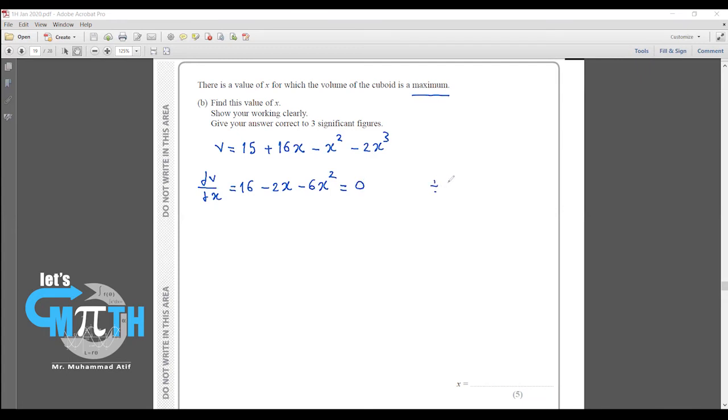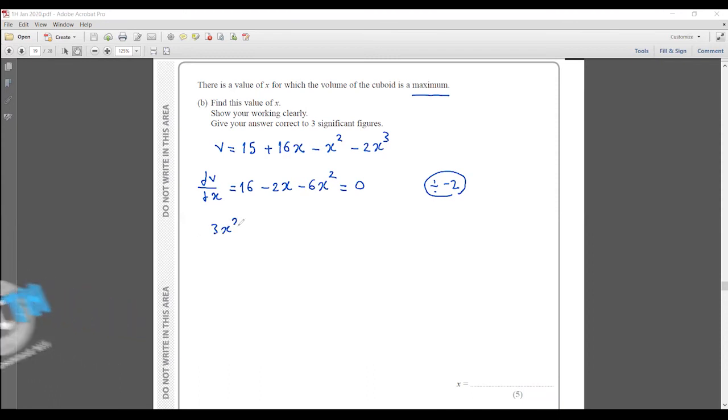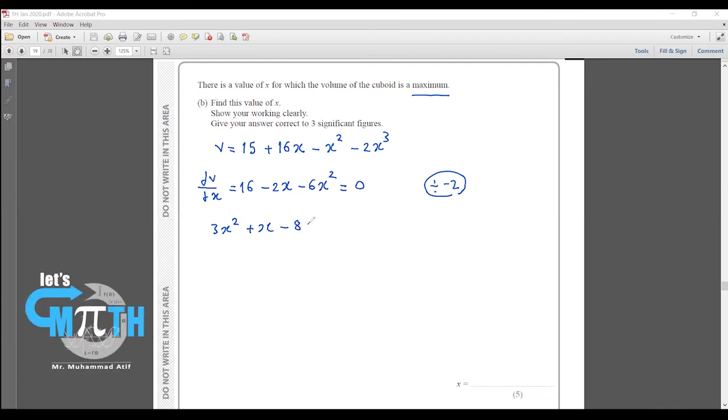In order to simplify it, we shall divide by negative 2 for all the equation to obtain the simplest form of this equation, that is 3x to the power of 2 plus x minus 8 equal to 0. This is actually unfactorable. We cannot factorize, so we need to use the quadratic formula in order to solve.